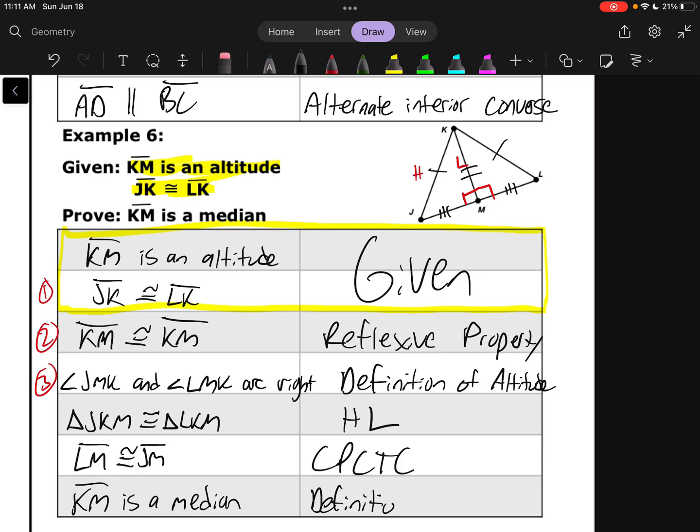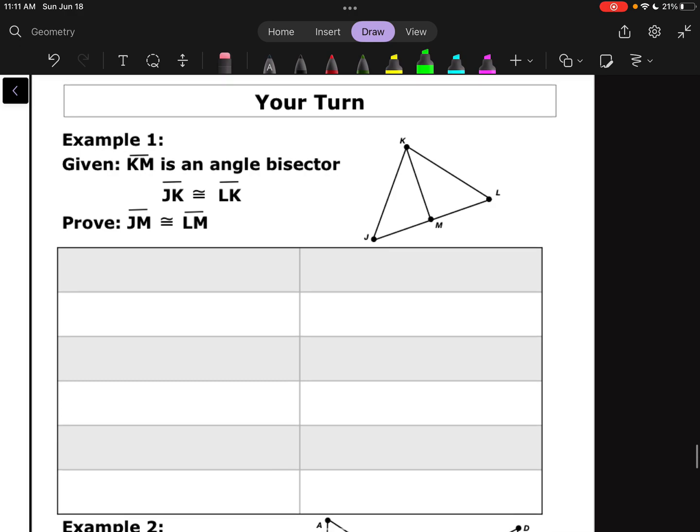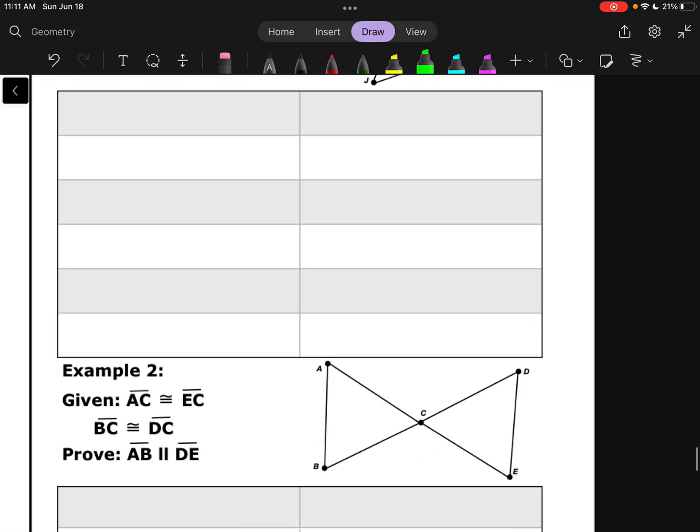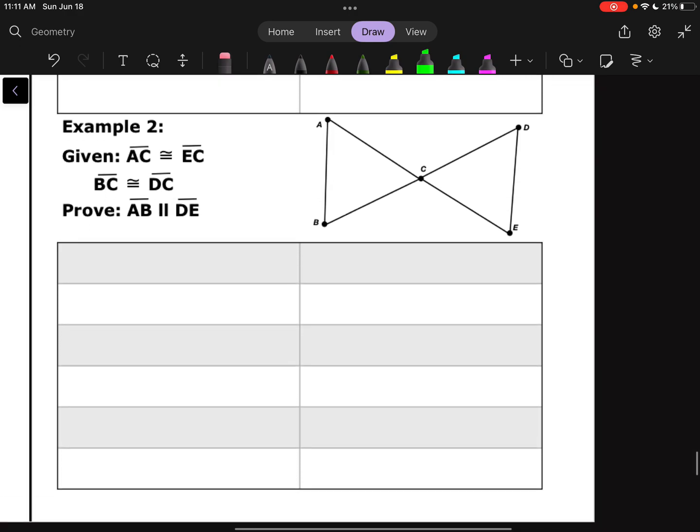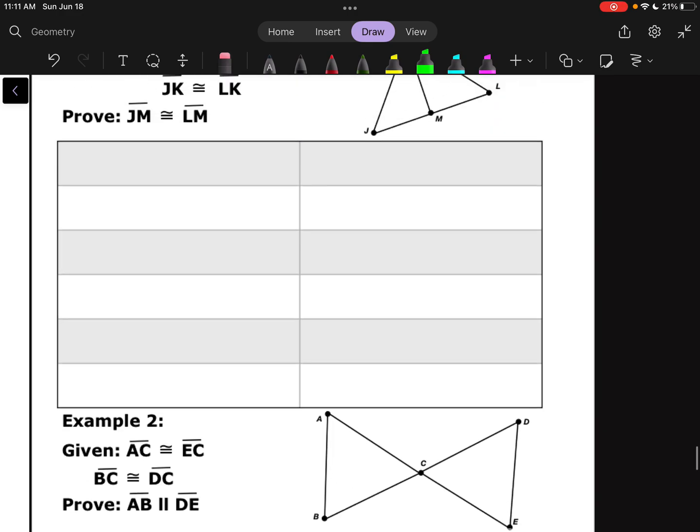Definition of median. And voila, we have proven what it is that we were trying to prove. Okay, so your turn. You've got 2 to try. Give those a shot, and then come back and see how you did.